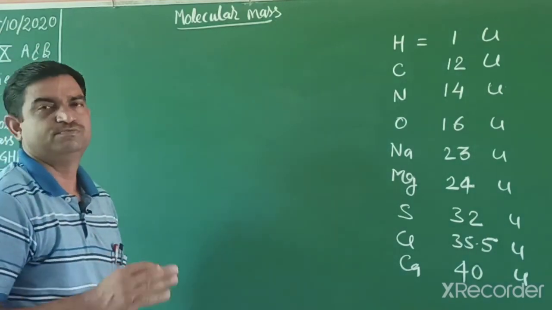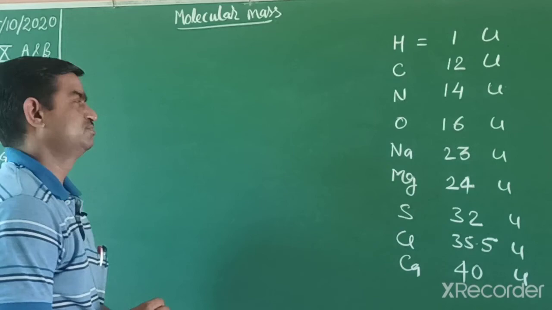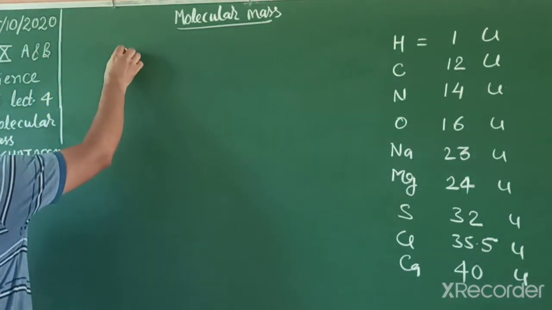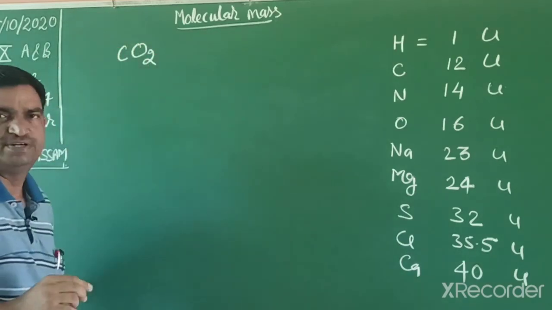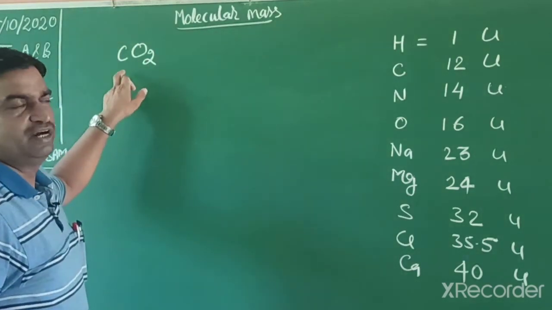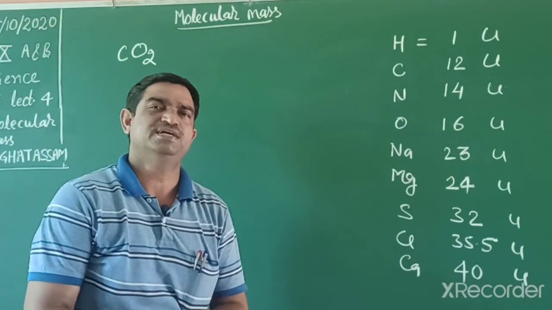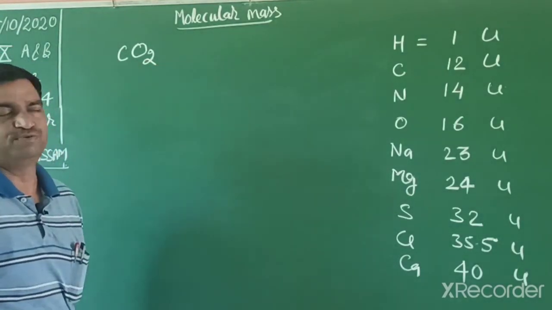Now students, we want to find the molecular mass of carbon dioxide. At first we need the formula of carbon dioxide, CO2. In this carbon dioxide molecule, there is 1 carbon atom and 2 oxygen atoms. If we combine all the atoms in a given molecule, that mass is the molecular mass.